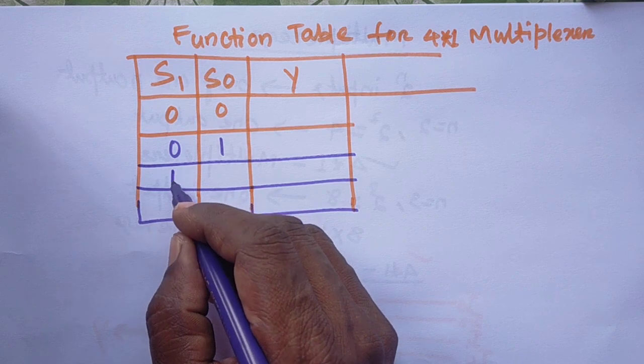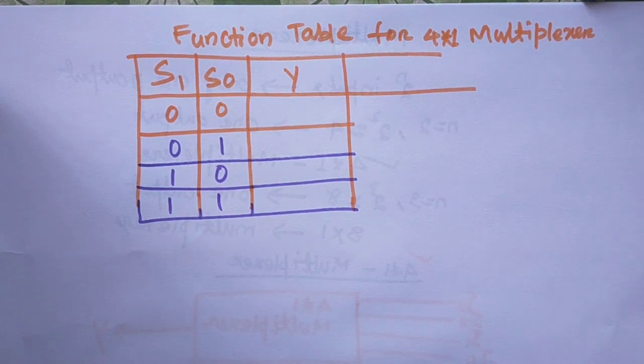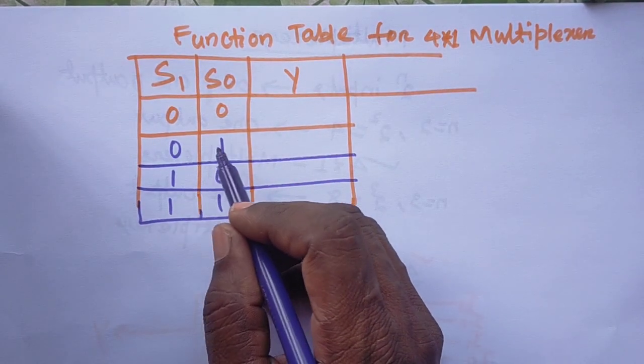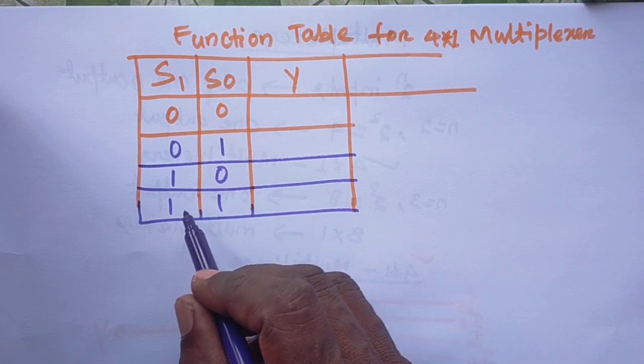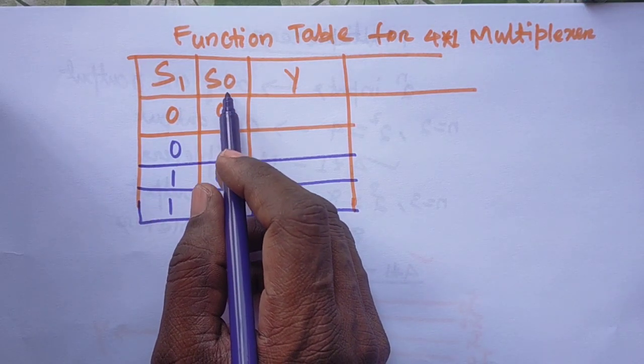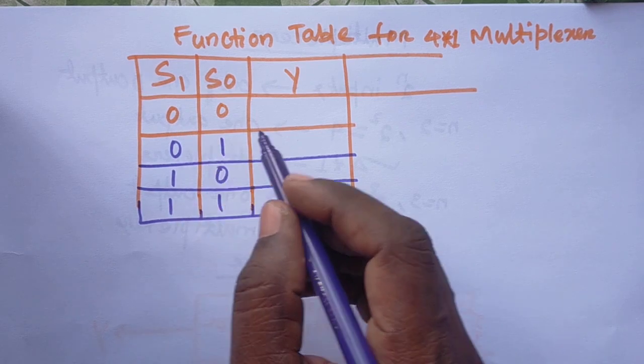Because this is the basic binary form of two selectors. First we consider 0 0, next 0 1, next 1 0, next 1 1.